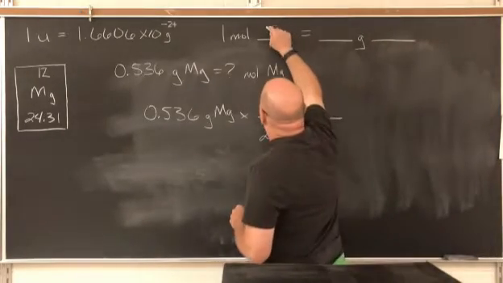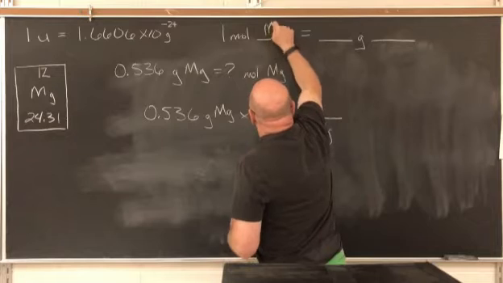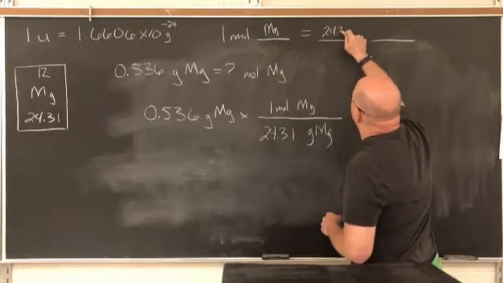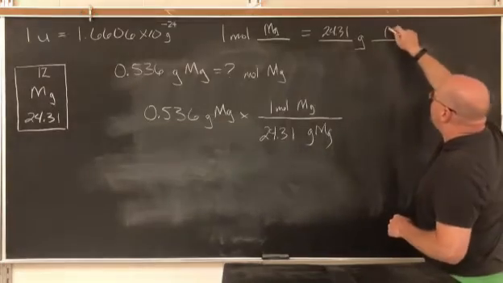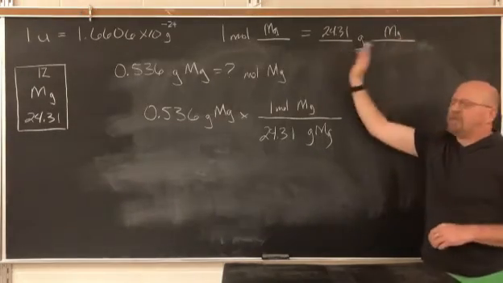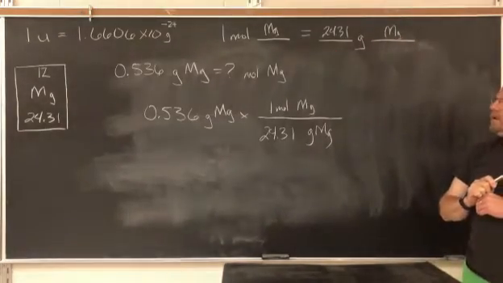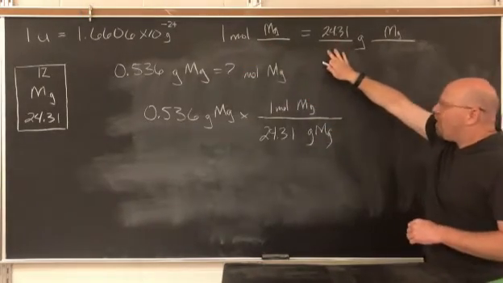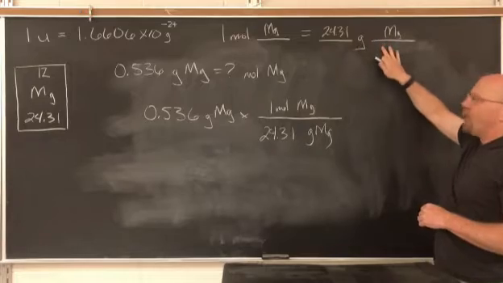So 1 mole of magnesium in this case is going to equal 24.31 grams of magnesium. You simply just insert what you need to. If this were 1 mole of carbon, we'd have 12.01 grams of carbon.